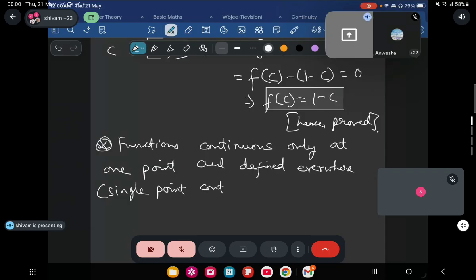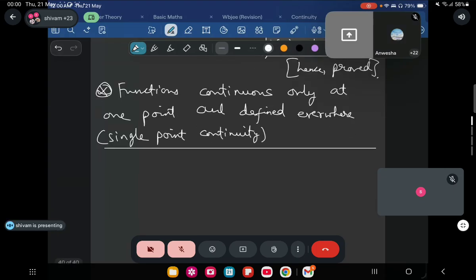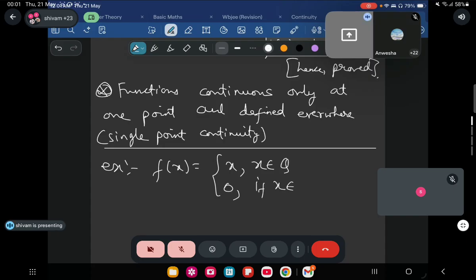Pay attention. For example, f of x equal to x when x belongs to rational numbers, and equal to 0 if x does not belong to rational numbers.